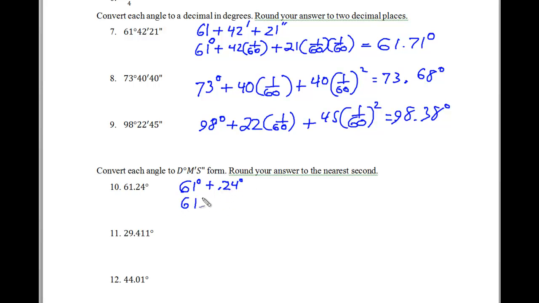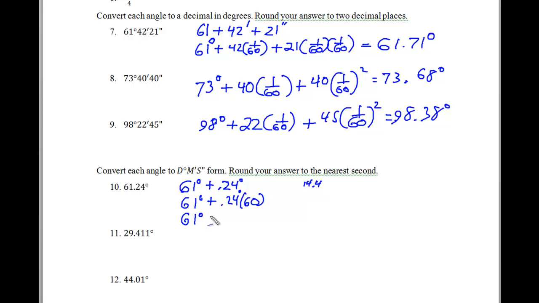Now we're going to take that 0.24, or the 24 hundredths, and multiply by 60. In doing that, the whole number is going to be our minutes. So multiplying 24 by 60 gives us an answer of 14.4.